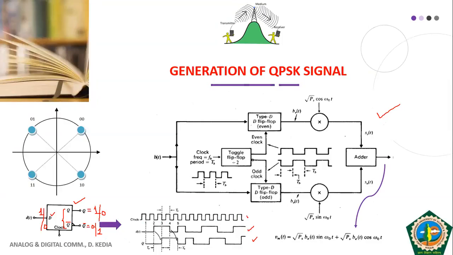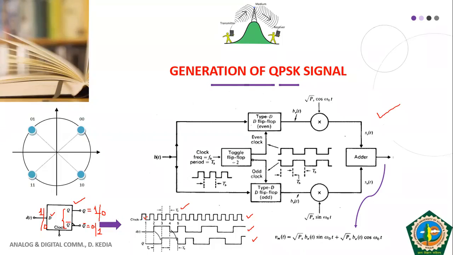This is our clock signal, whose duration of each cycle is TB, which is nothing but the bit duration. A flip-flop could be either level triggered or edge triggered. Here we are considering an edge triggered flip-flop, and that too negative edge triggered.